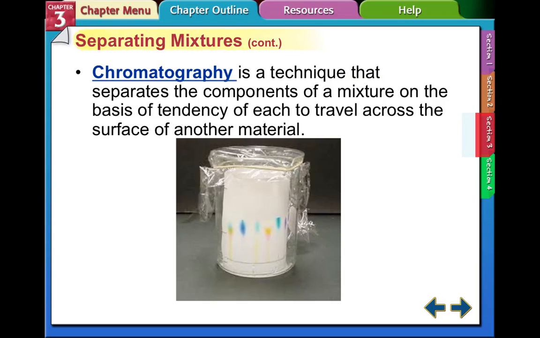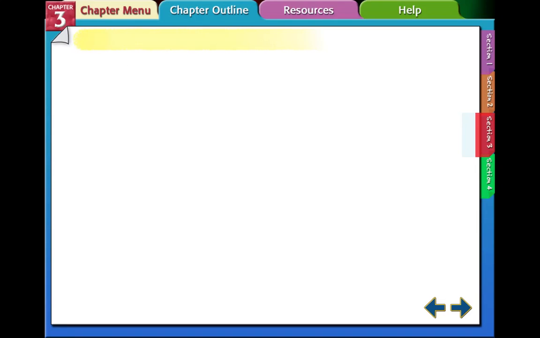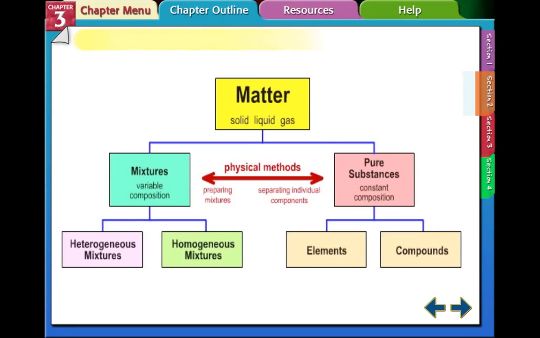Chromatography is a technique that separates the compounds of a mixture on the basis of the tendency of each to travel across the surface. Basically, it's molecular weight. It's going to travel according to its mass. So, chromatography. Pretty cool.